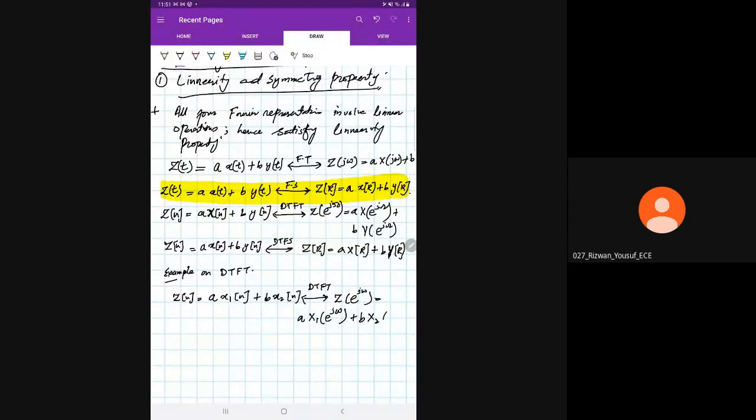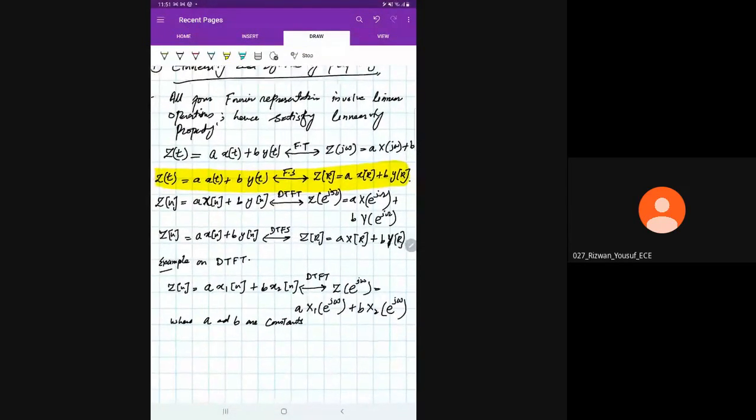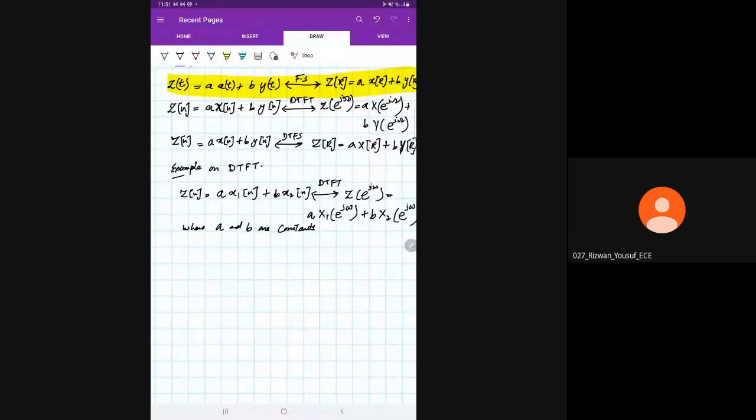Very correct. That will be the discrete time Fourier transform, where a and b are constants.